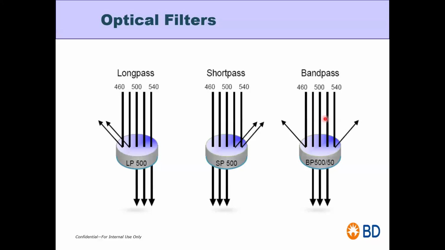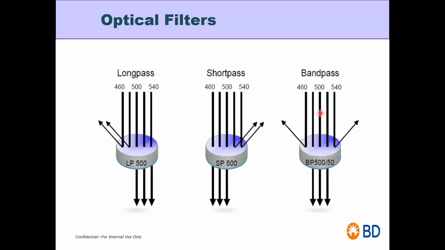It is telling you that it will only pass those wavelengths of light which are in between 475 and 525. It will only let that light pass through it; other than that, it will reflect back.